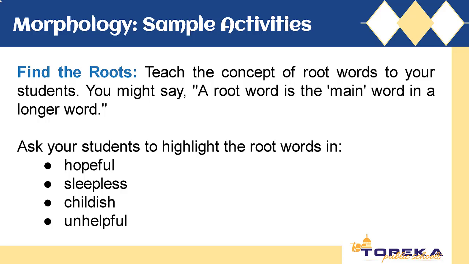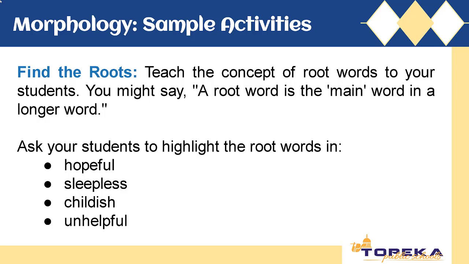On the screen you will see 4 words: hopeful, sleepless, childish, and unhelpful. Think about what you would highlight for the root word. In the word hopeful, the word hope would be highlighted, as that is the base word that has had the suffix full added to make the new word hopeful.